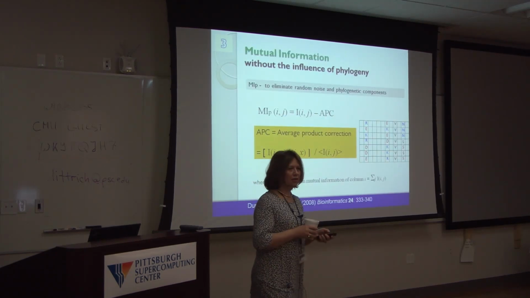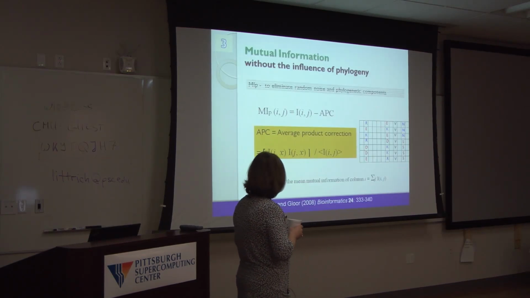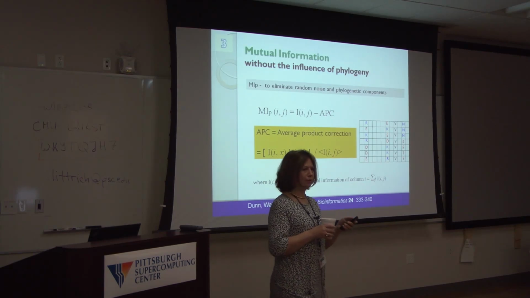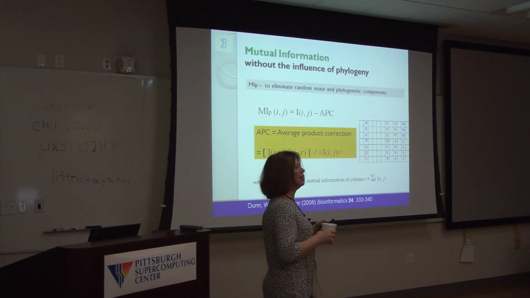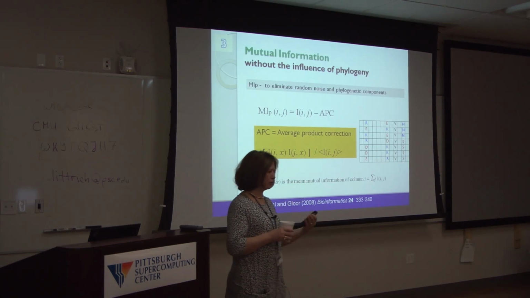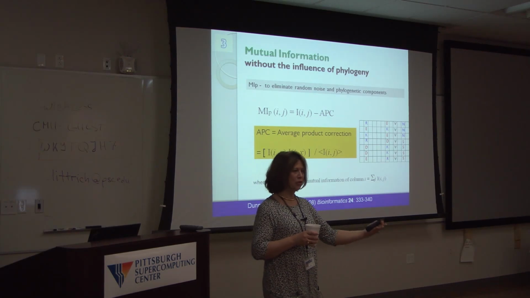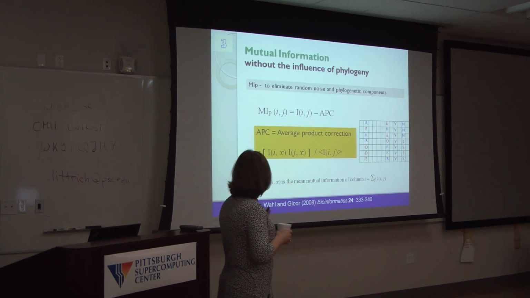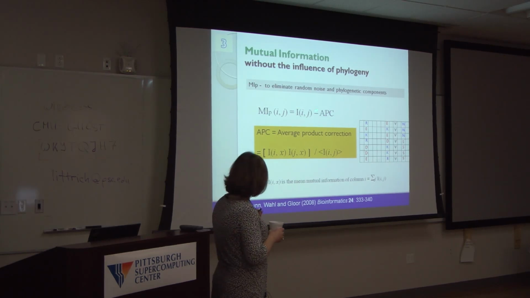Well, this is all you need, actually, to know the basic theory. Now we are going to elaborate a little bit more. The thing is, there are sometimes noise contributions, and you want to minimize the noise, and you want to have some sort of reference states, basis state. One correction to the mutual information, which is called MIP, introduced in 2008, was to subtract this average product correction.